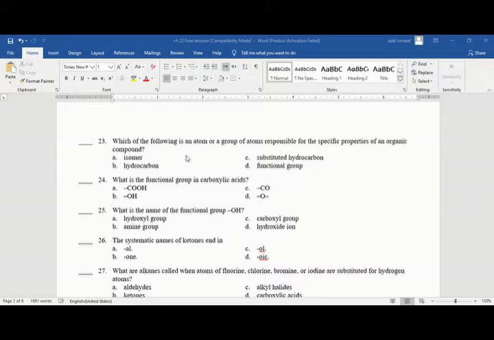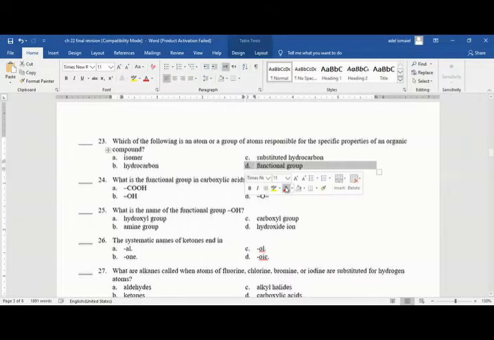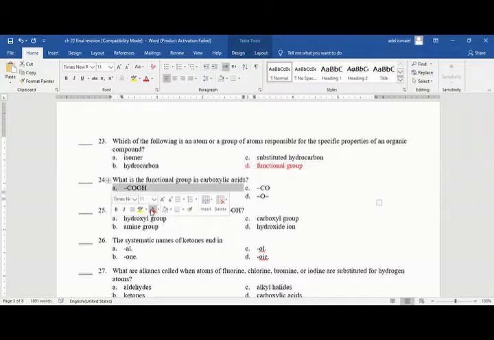This is the first part in it, okay? What is the functional group in carboxylic acids? Acids, COOH. Yes, thank you. So number 23 was a functional group, and for the acid it is COOH.